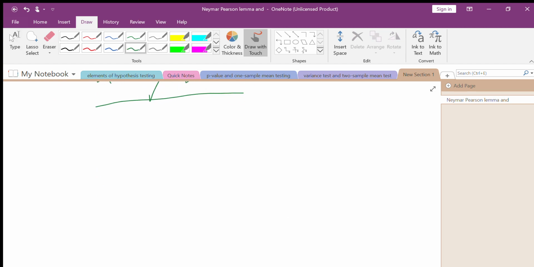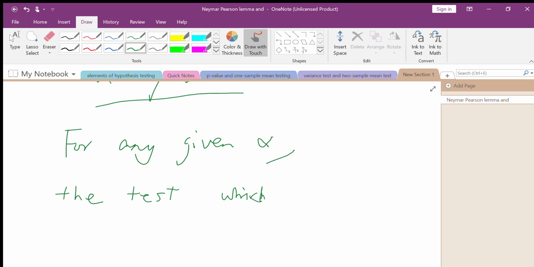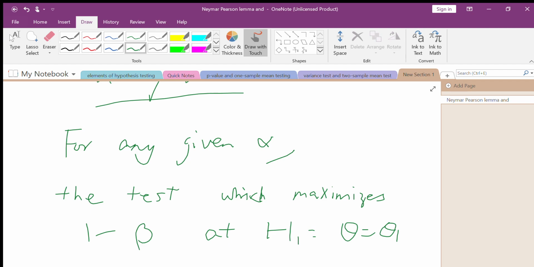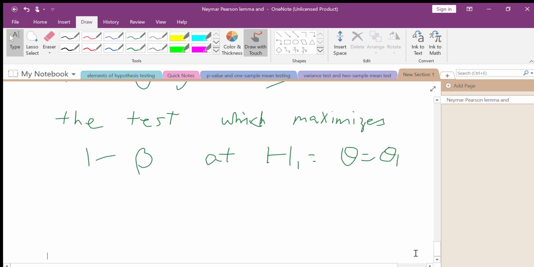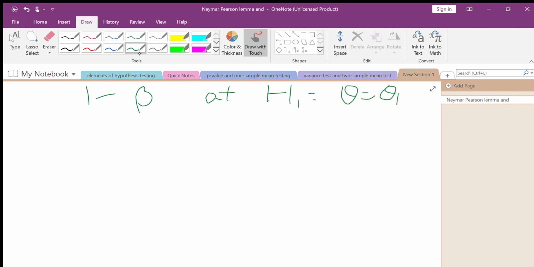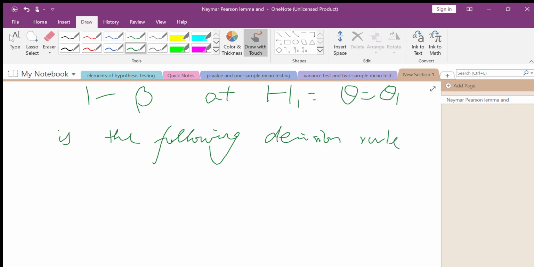For any given alpha, the test which maximizes 1 minus beta at H1, the alternative hypothesis theta equals theta 1, is the following decision rule with rejection region.